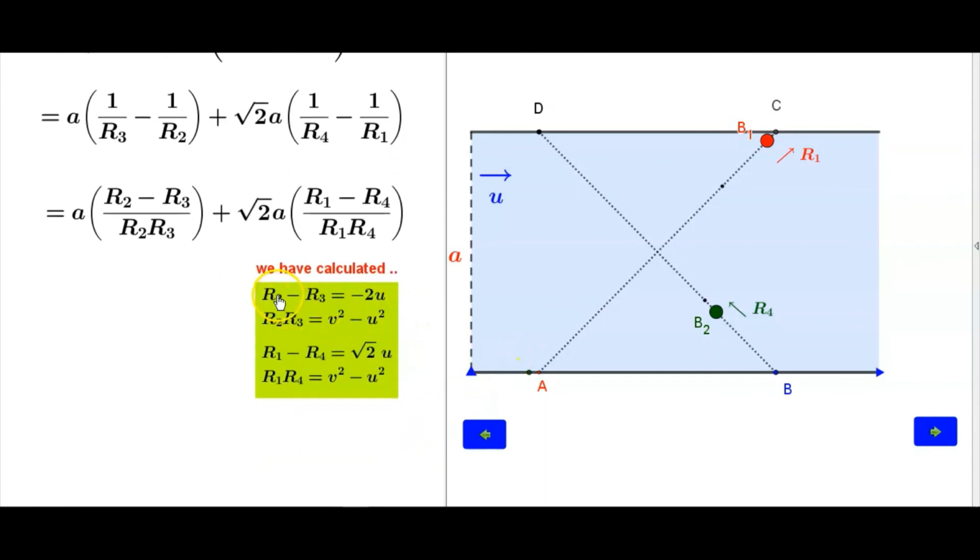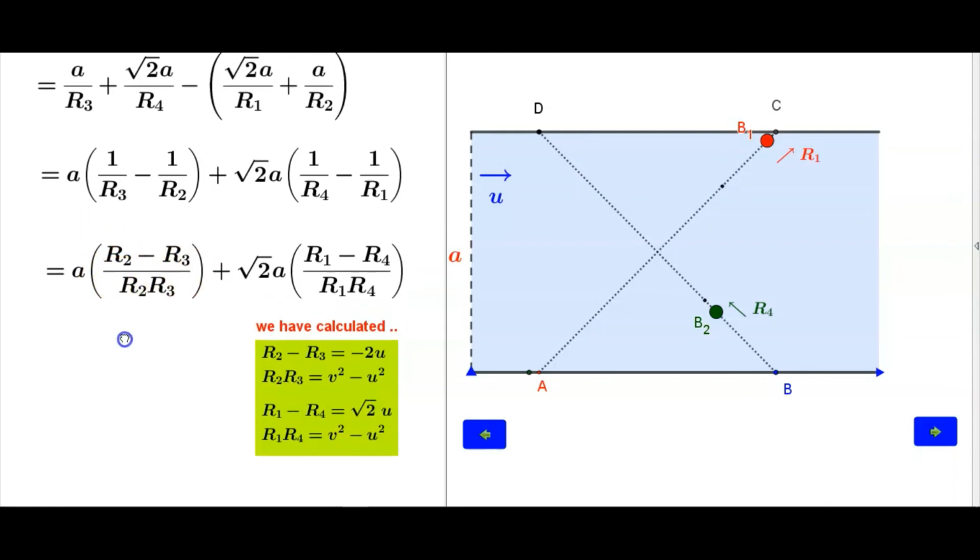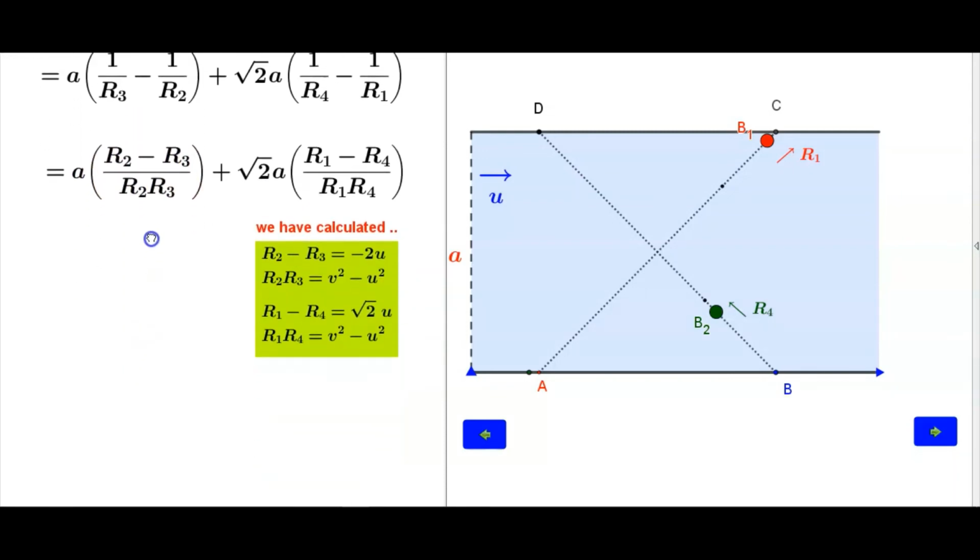We already calculated these. R2 minus R3 is equal to minus 2U. R2 R3 is equal to V squared minus U squared. R1 minus R4 is equal to root 2U. R1 R4 is equal to V squared minus U squared. Already calculated. Therefore, we apply these results here and substitute to find the time difference T2 minus T1.